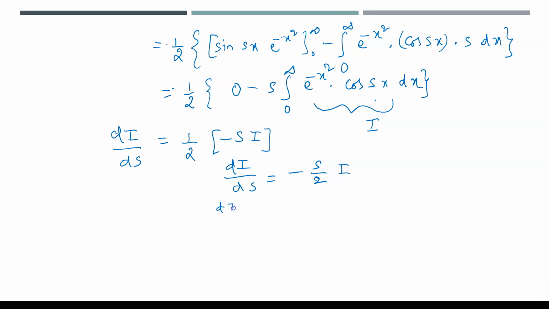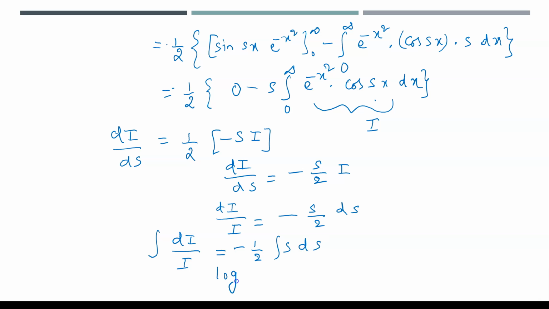So dI/I equals minus s/2 ds. Now integrating on both sides, the integral of dI/I equals minus 1/2 integral of s ds.